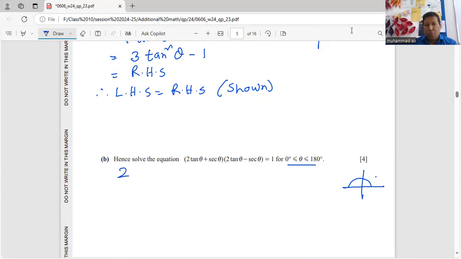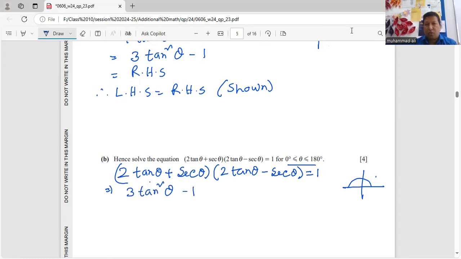So (2 tan theta + sec theta)(2 tan theta - sec theta) equals 1. Instead of this part, we can write 3 tan squared theta minus 1 equals 1.